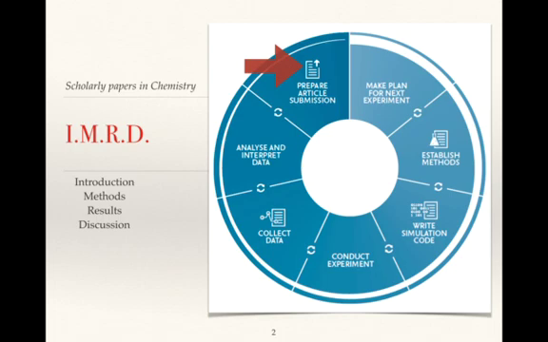Hence, previously written method sections often serve as models for writing new method sections. Together, these factors make the method section one of the easier sections to write and an excellent place to begin your writing journey.